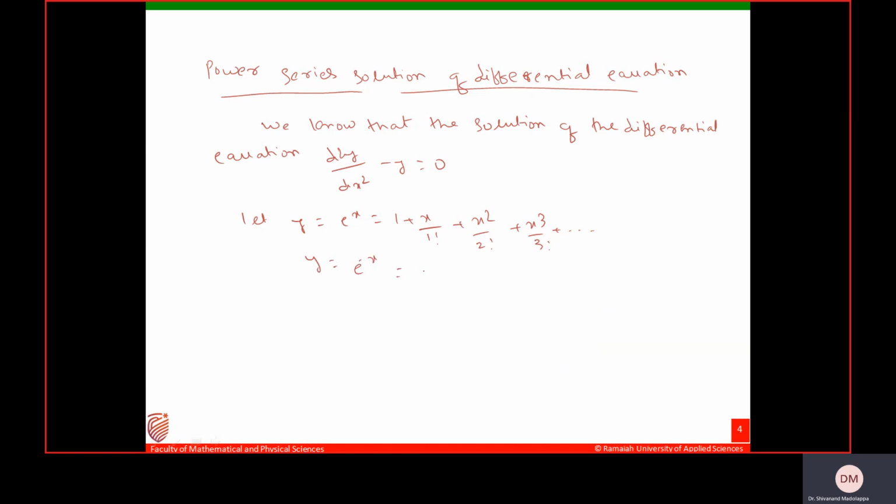This can be written as 1 minus x divided by 1 factorial plus x square by 2 factorial minus x cube by 3 factorial plus and so on. These are power series solutions of the given differential equation.